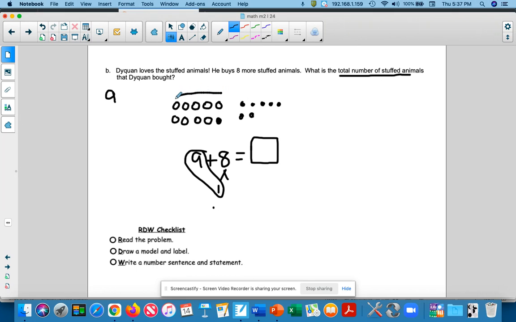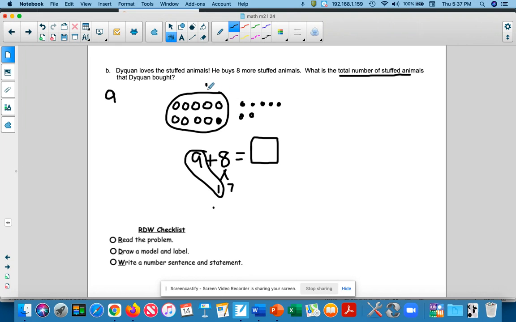Just like I did in the drawing here. And then I have my other part over here. I have my 5 group. I have 5, 6, 7. Oh. So you can see we have 10, and then we have 7 more. 10 and 7. What does that make? You get 17, you're right.